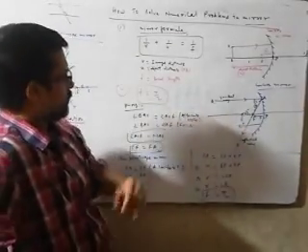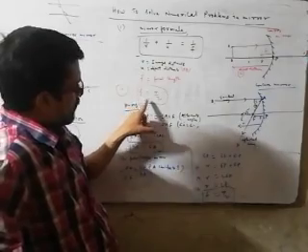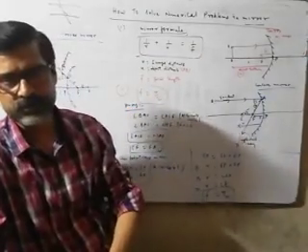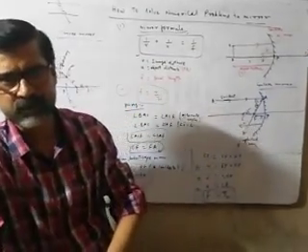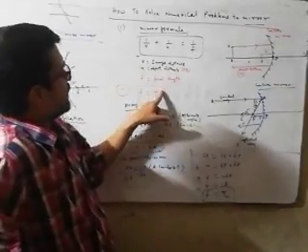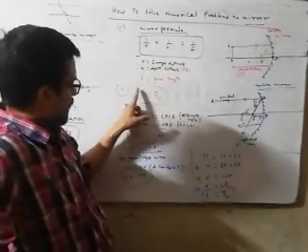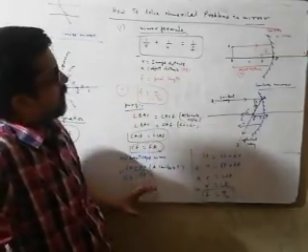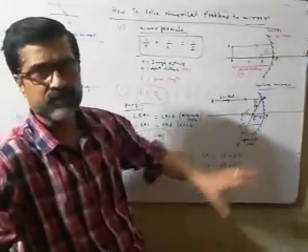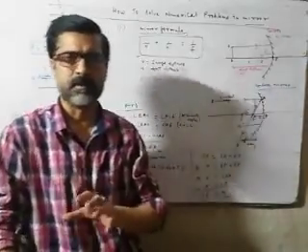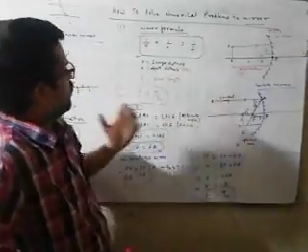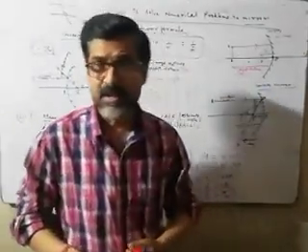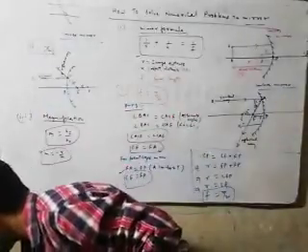Second formula also we have to use sometimes. f is equal to R by 2. This is also very important formula. R is radius of curvature and f is focal length. So this is also an important formula we have to use in our mirror numerical problems. Lastly, what I am going to discuss in detail is about magnification.